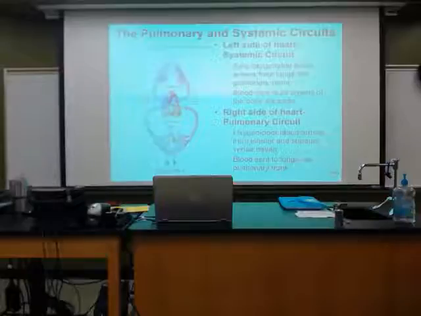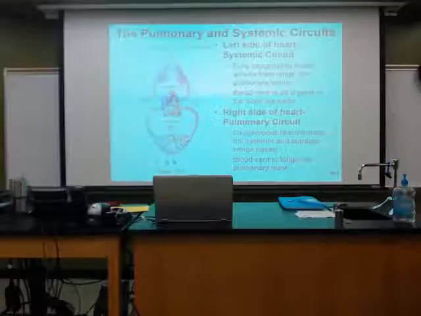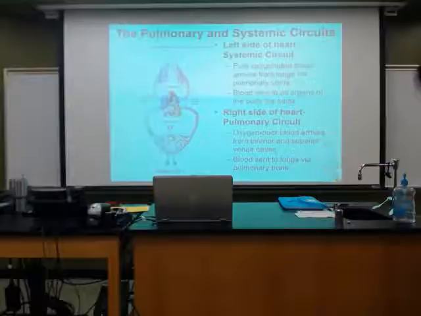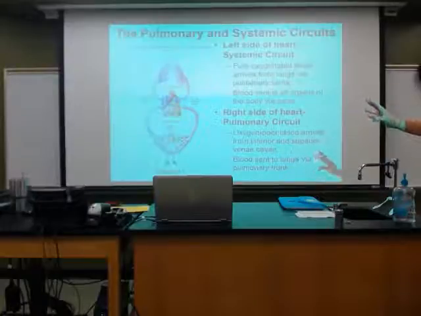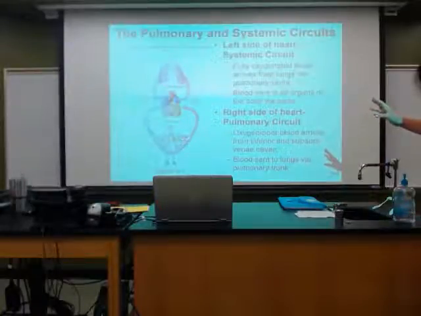So this blue and red is flipped for the pulmonary circuit. Does that make sense? Now, once we get back to the heart, it's going to leave by way of the aorta and then travel into all the rest of the body. And that is our systemic circuit, because that's going to go to the systems of the body. Okay? Does that make sense?